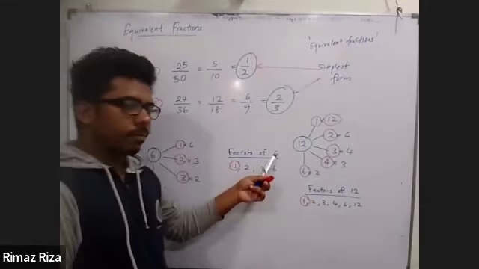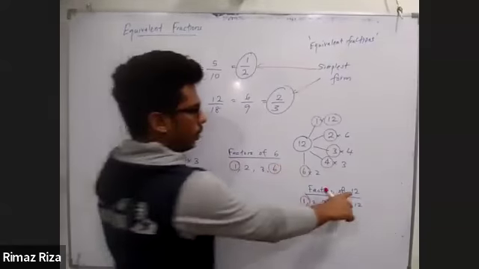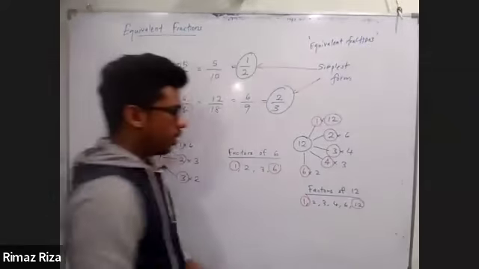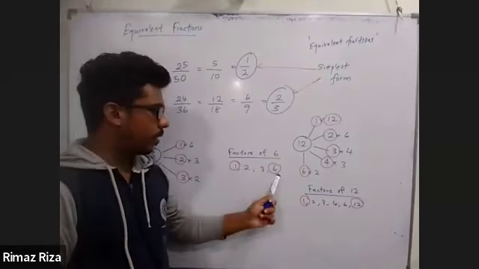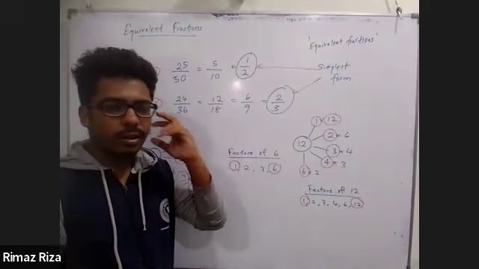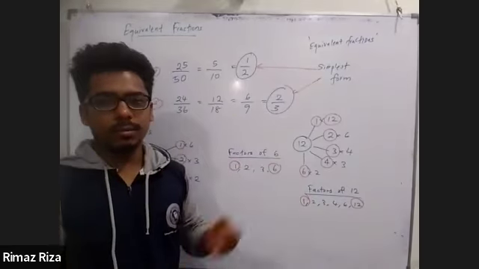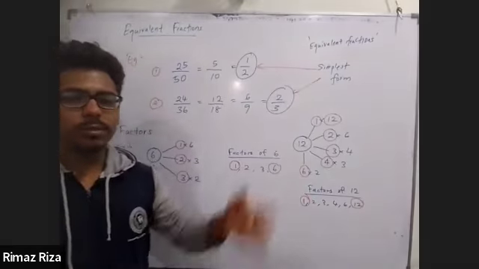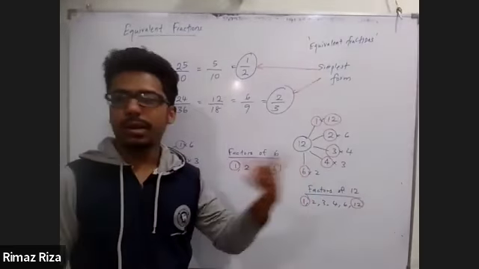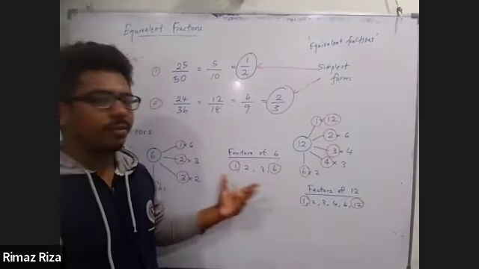And if you take the number itself, it is also always there. If you take 12, 12 is also there. So these we call trivial factors. They will always be there. If you take 13, 1 and 13 are factors. If you take 17, 1 and 17 are trivial factors. Anyway, they will be factors. So we call it trivial.